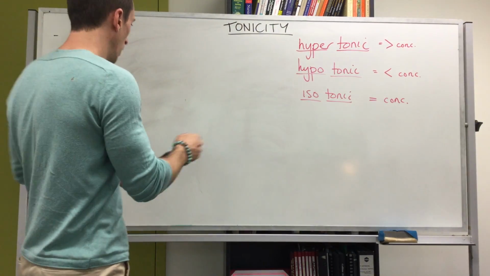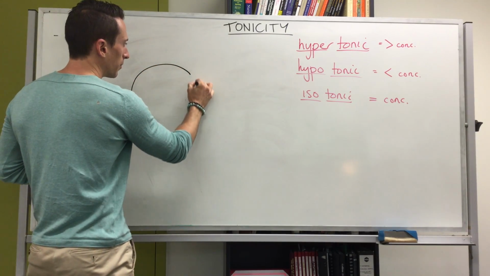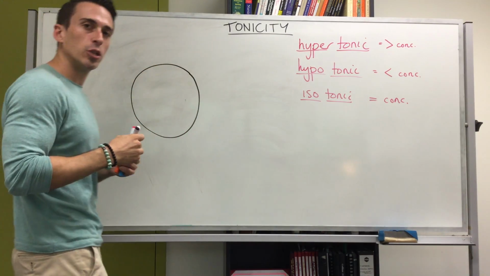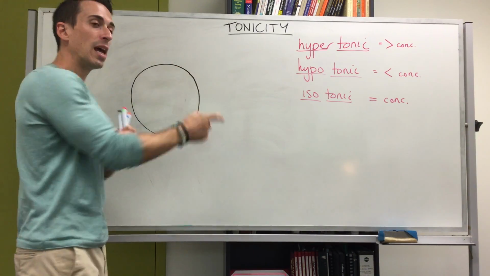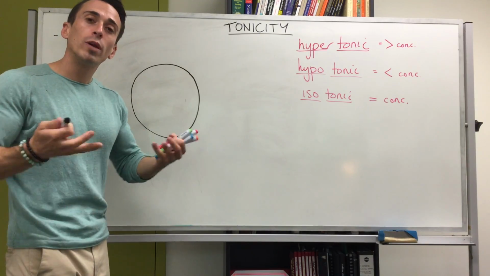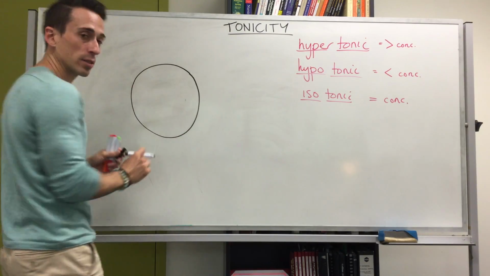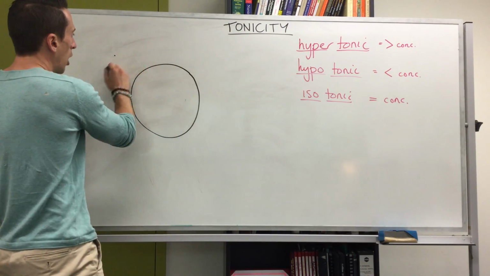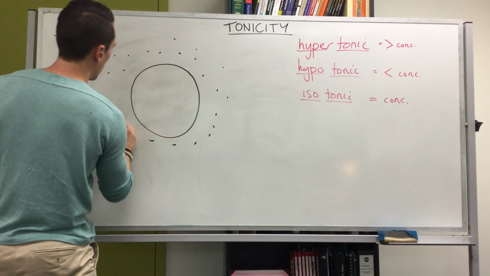So if I were to give you a question in an exam which asks, okay, you were to introduce to your patient intravenously, or you were to place a cell into a hypertonic solution, what would happen to the cell? Well, what you would do is you go, okay, I've got my cell, I've placed it into a hypertonic solution. That means the solution is more concentrated than the cell.